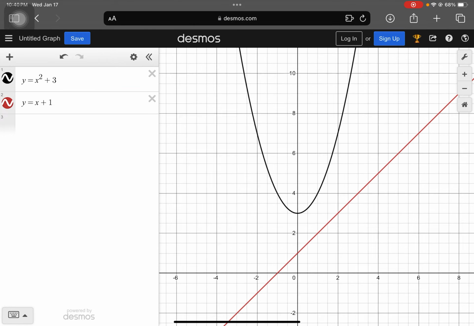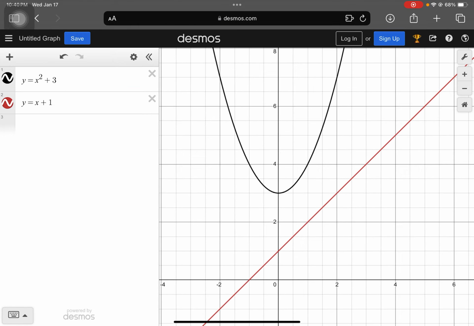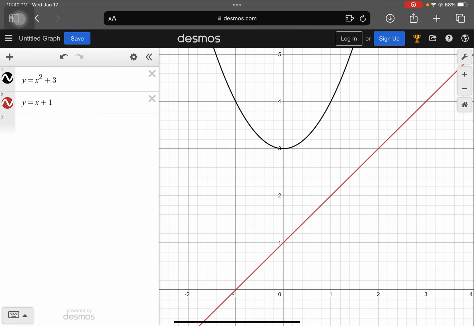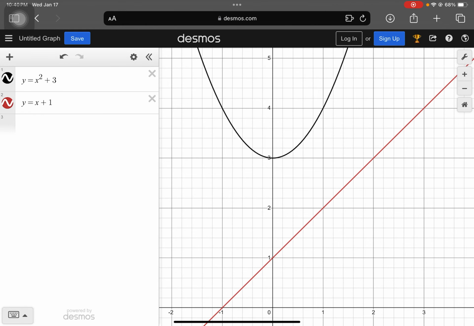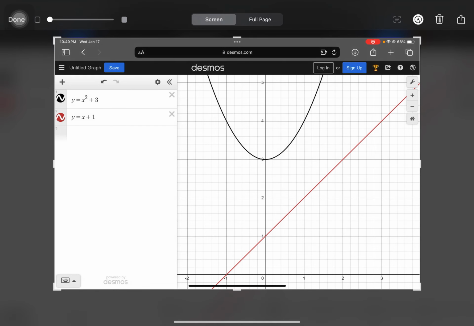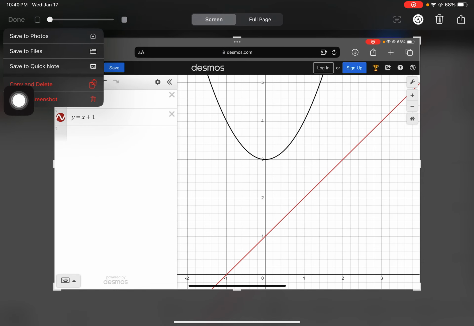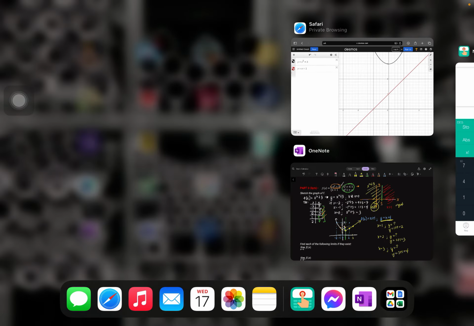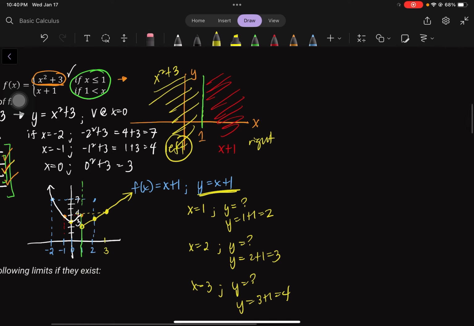So, pag ganyan, punta tayo doon sa part ng 1. Ito yung 1, di ba? So, we can do a screenshot here. So, ipapaste natin siya dito.